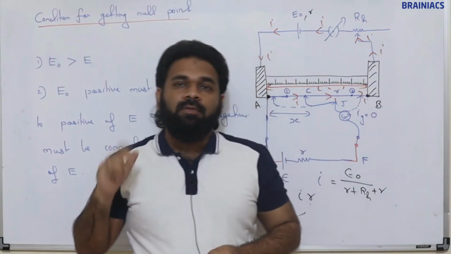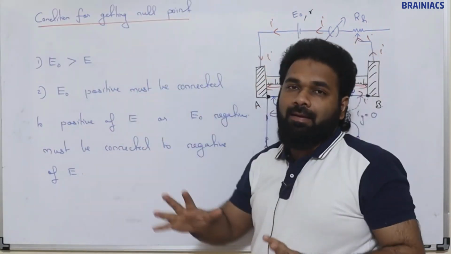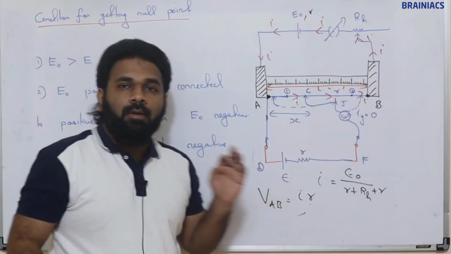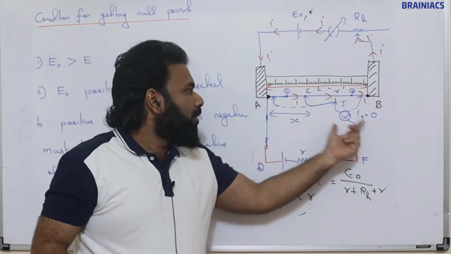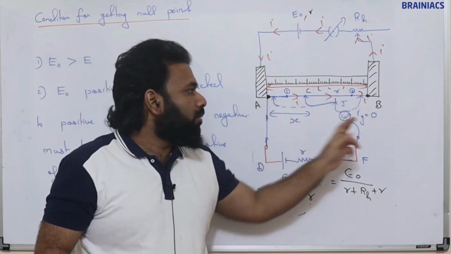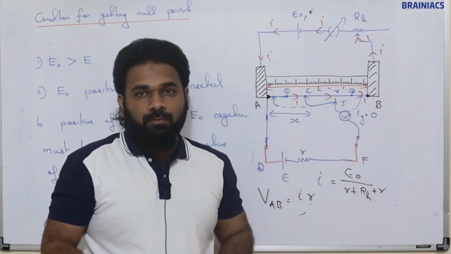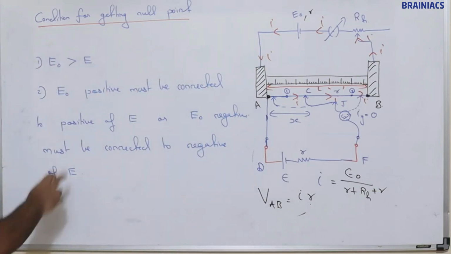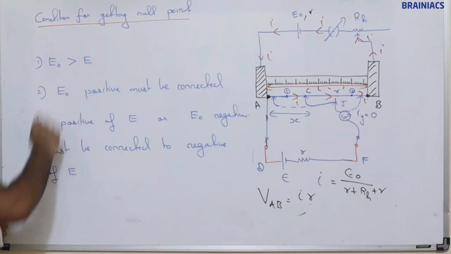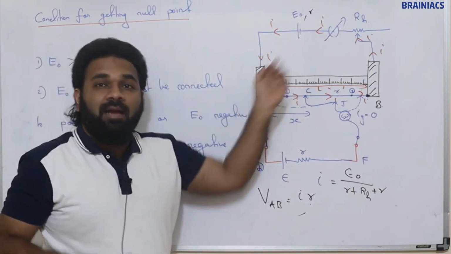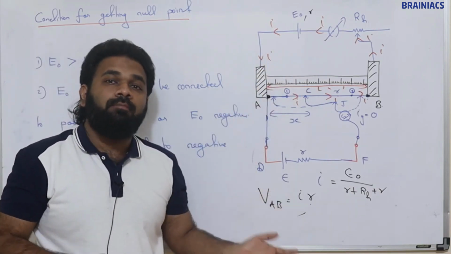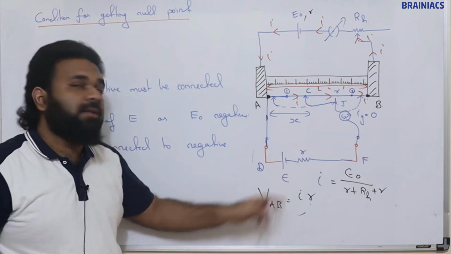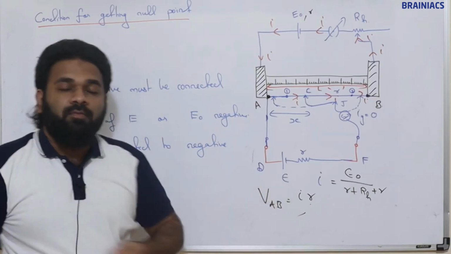Now another point is the conditions for getting the null point. Can we say that in all conditions, even if we move the jockey, Ig will be 0? There are some conditions for getting that. The first condition is E0 must be greater than E. The driving cell, that battery, its EMF must be greater than the cell whose EMF we are trying to check.